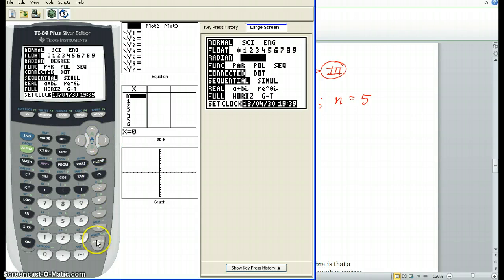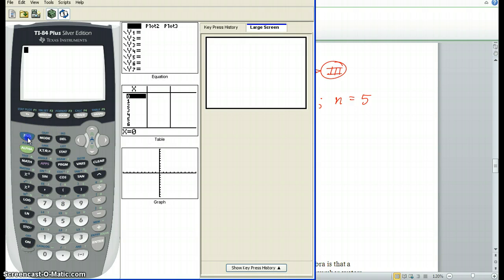Make my life easy here. So if I go ahead and convert to degrees and take the inverse tangent of root 3 over 3, we end up with 30 degrees.